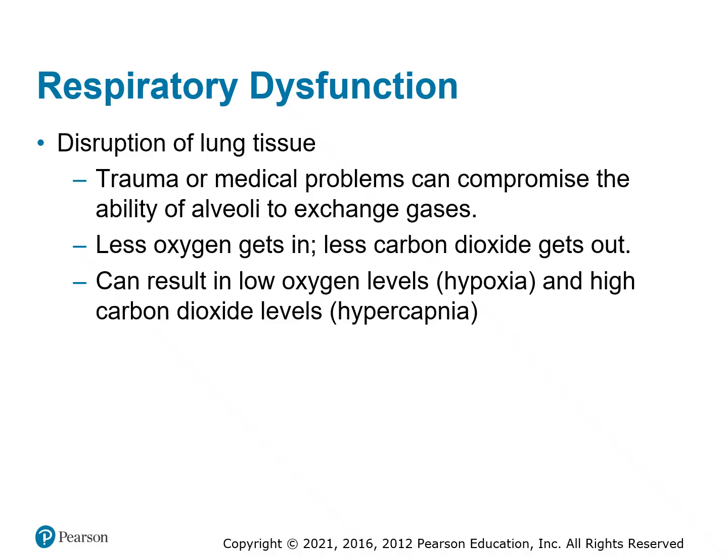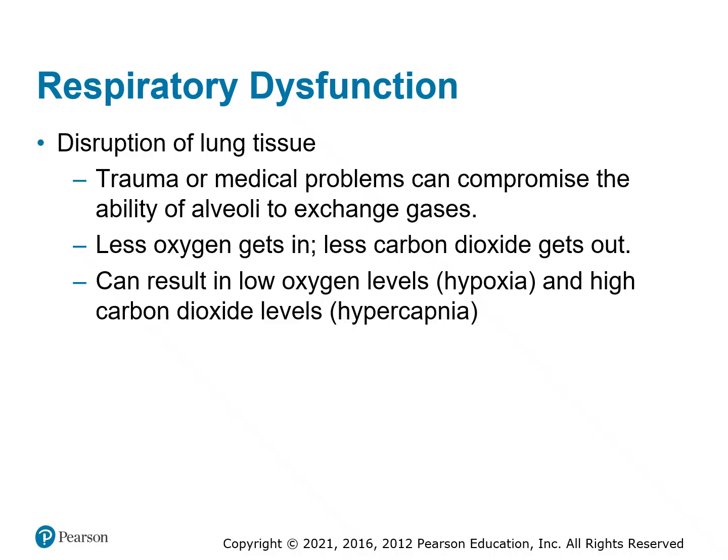Disruption of lung tissue is another part of respiratory dysfunction. If there's something wrong with the respiratory system, it's not going to function adequately, and we have to fix those problems if we see them. Disruption of lung tissue might be trauma, like bruising in the lung itself, where there's blood in between the capillary membrane and the alveoli.